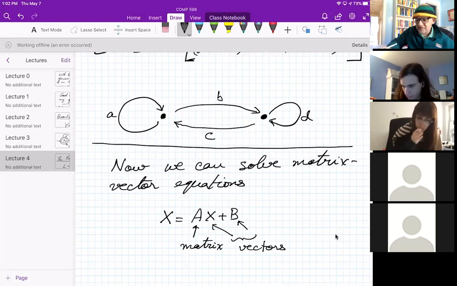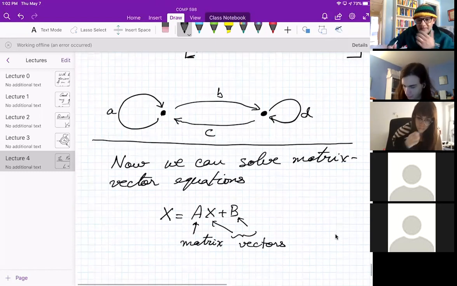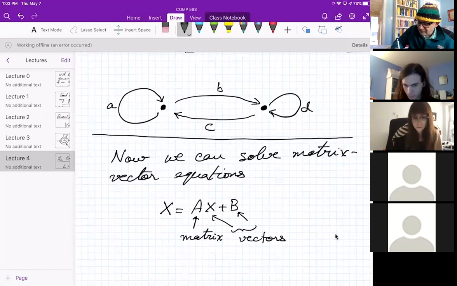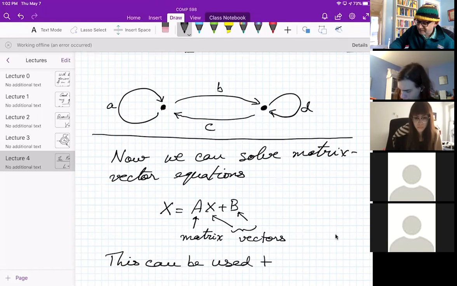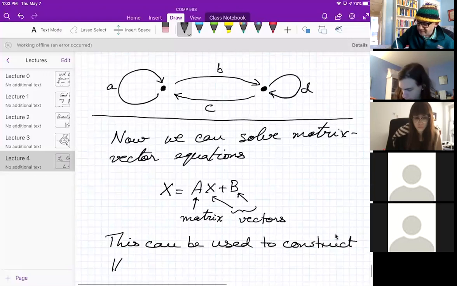And you can use this thing to actually solve. So this can be used to construct the regular expression associated with the DFA.